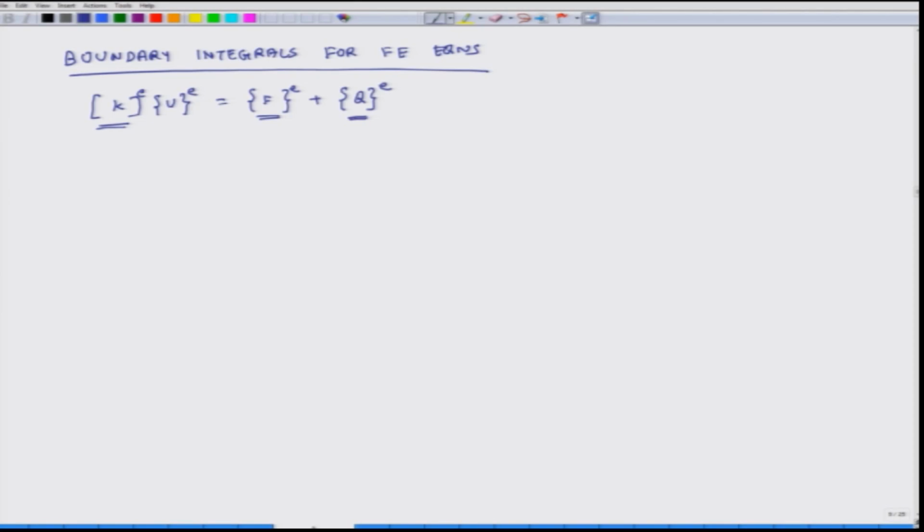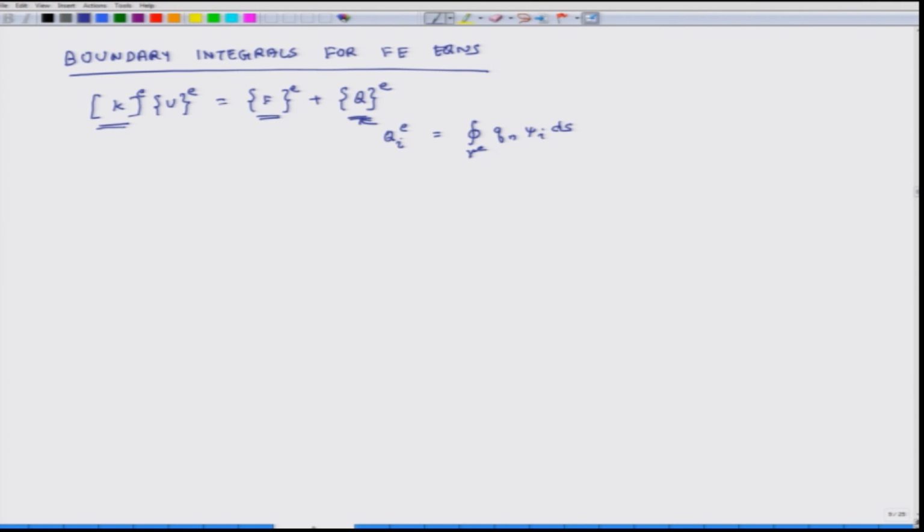But to calculate this, we have to use a boundary integral, because Qi for the eth element is defined as the integral of Qn psi I ds evaluated on the boundary.